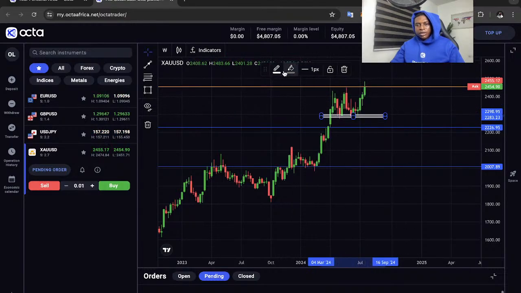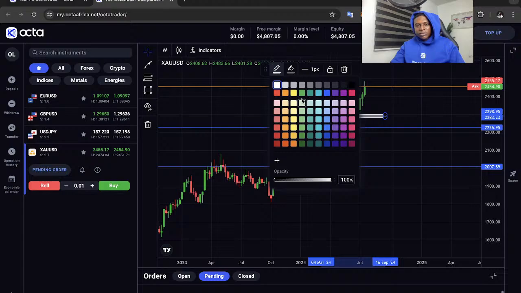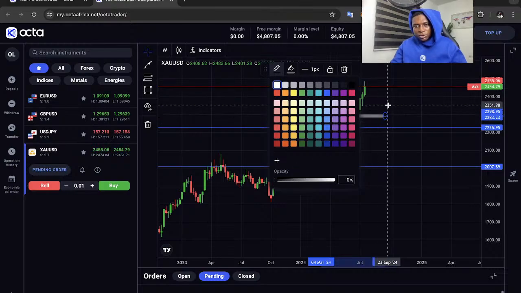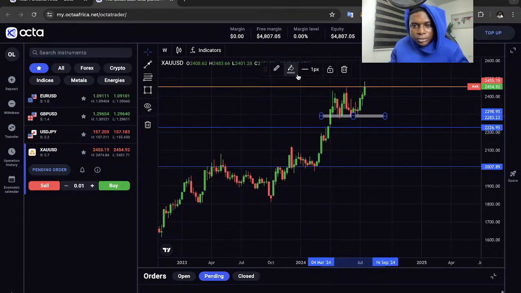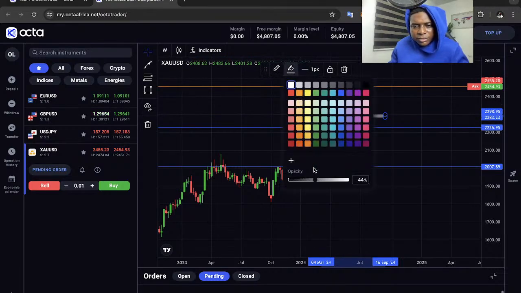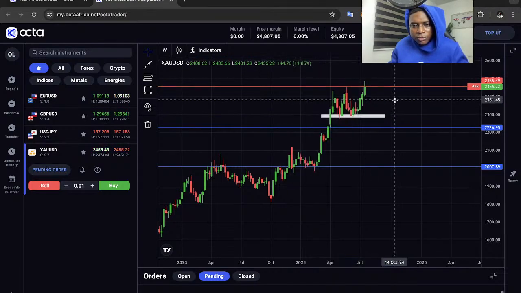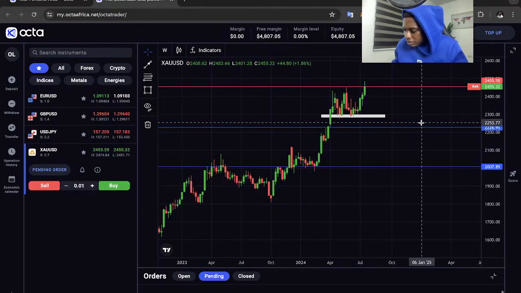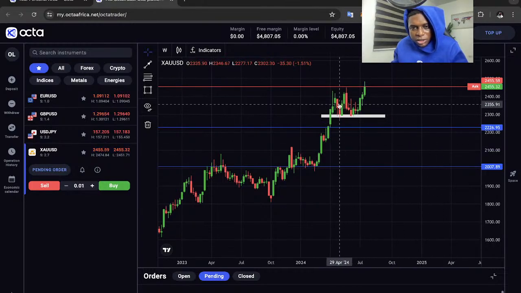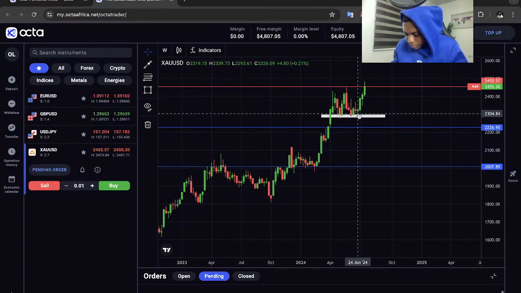Okay, let me just reduce this. Okay, good. Beautiful. So now you can see here that there was a consolidation around this level.